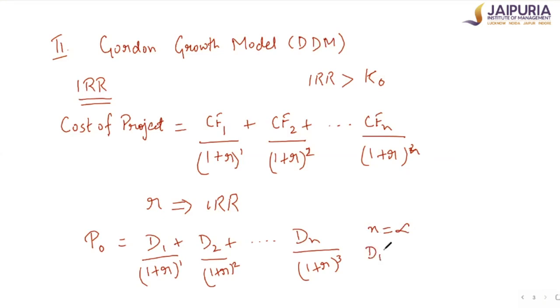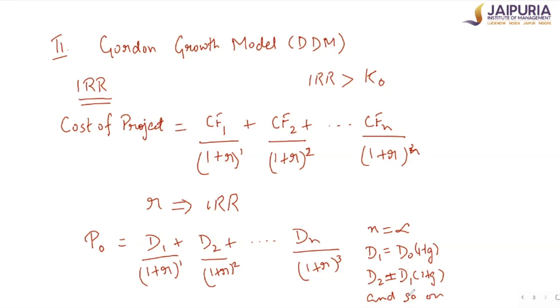Infinity. D1, if I say, now Gordon assumed further to simplify this: if I say that my D1 will grow at a fixed growth, D1 into (1 plus g), and so on. Every year my dividend is expected to grow at a growth rate g.